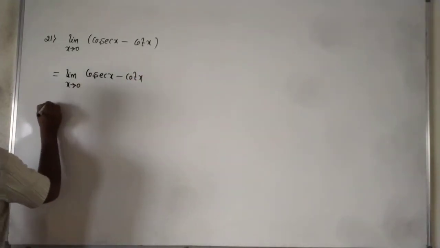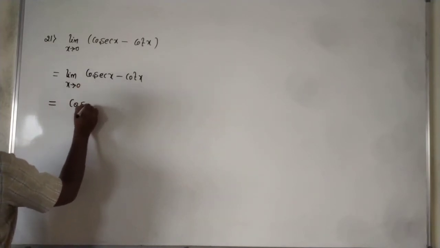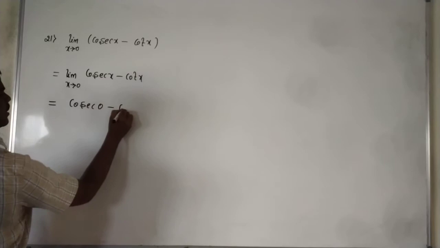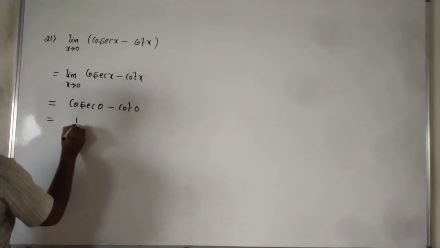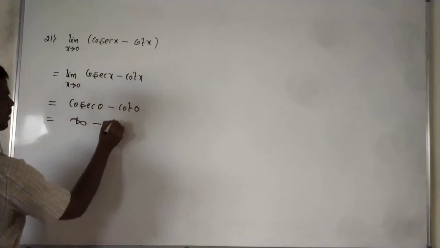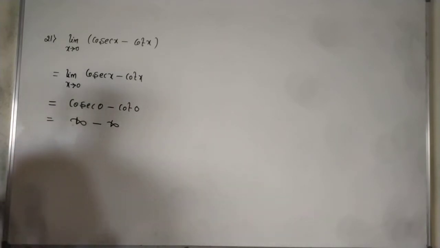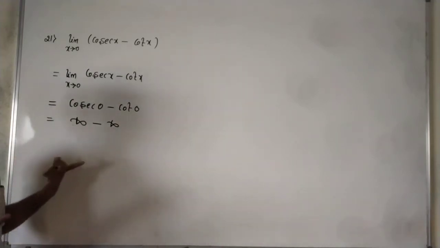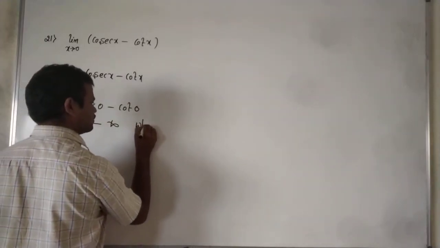Suppose if you put the limit, cosec 0 minus cot 0. Cosec 0 means 1 by 0, which is undefined, infinity, minus this is also infinity. So infinity minus infinity is undefined.